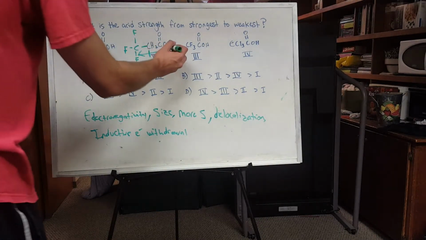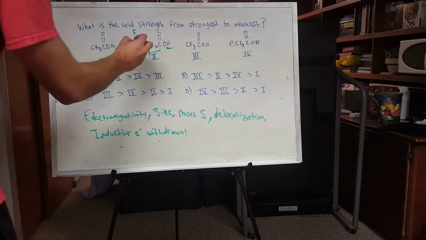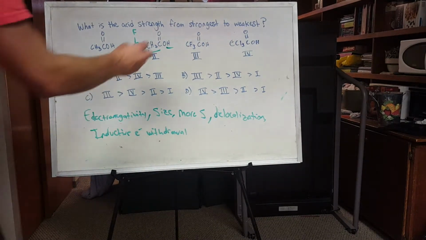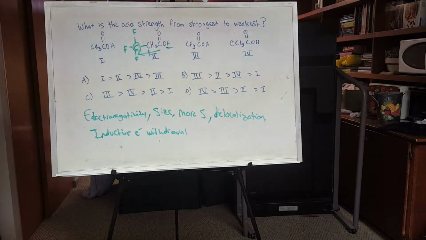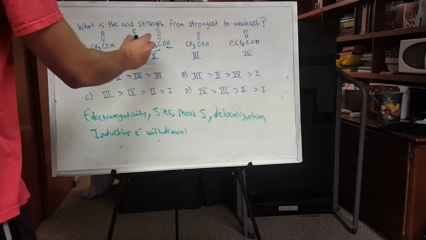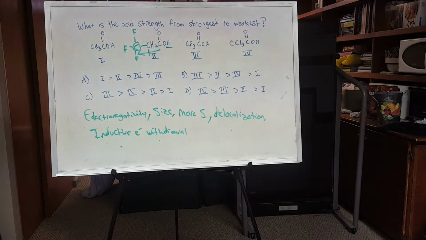And that makes this proton easier to pop off, makes it a stronger acid. Now, the closer this substituent is to the functional group, this is the carboxylic acid functional group, right? So the closer this is to the central carbon there, the more acidic it will be.